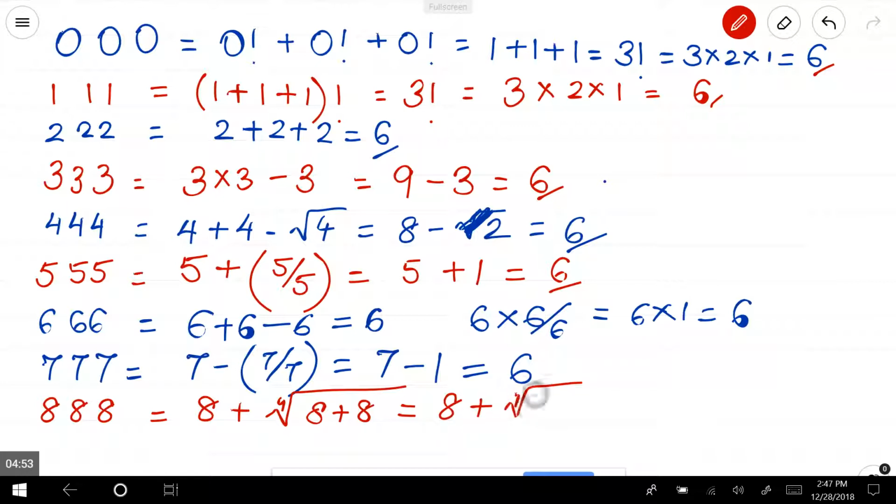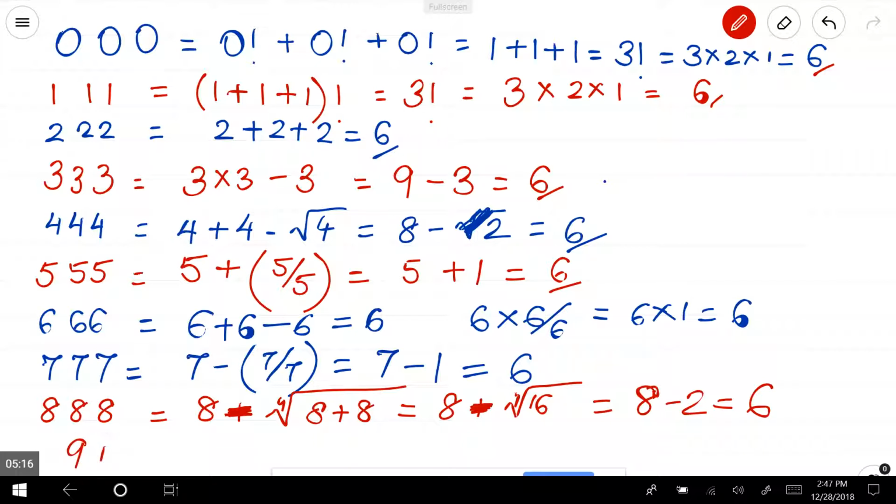So fourth root of 16 is 2. Sorry, instead of plus, I should have a minus because I need a 6 and not a 10. So 8 minus 2 is 6 again. This is, I think, the most complex one, for 8. And then we'll move on to 9.